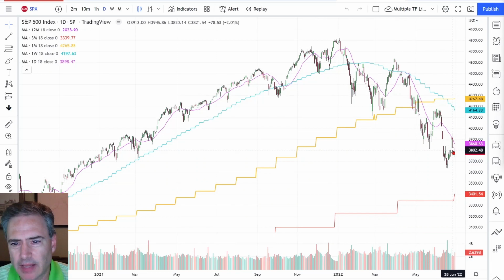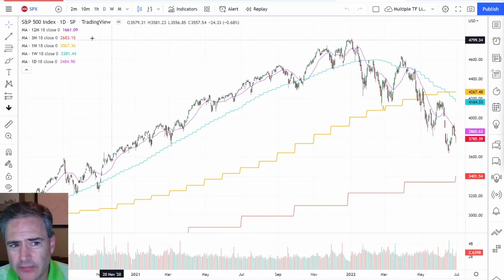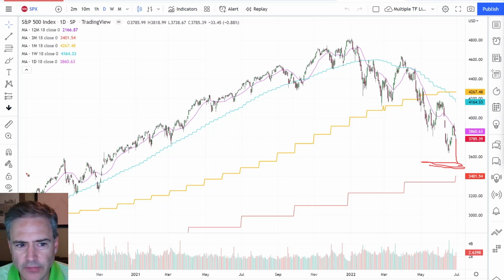Now, I was just saying last time when we looked at this chart that I thought we could work our way back towards this quarterly line. I still think that's a potential. Frankly, I think it would be awesome for the market and for just investment ideas and everything, if we can drop down to 3,500, which is the 50% retracement of the whole move, get a volume spike on that drop, which shows me some kind of a climax, and then maybe a reversal with some volume, and then turn things around from there.